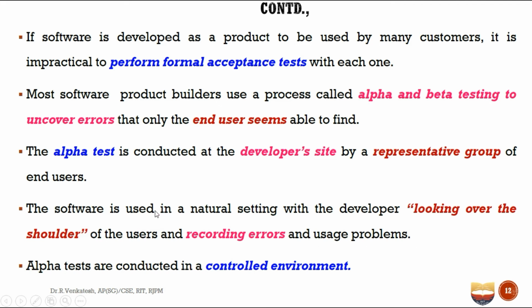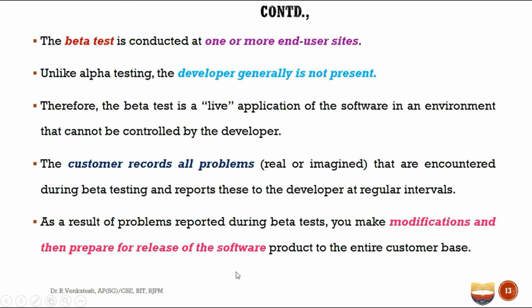While the end users test the product, any errors or difficulties in using it should be identified and recorded by the developers, and finally those errors are corrected by the developers. Alpha tests are conducted in a controlled environment, normally at the developer side only.